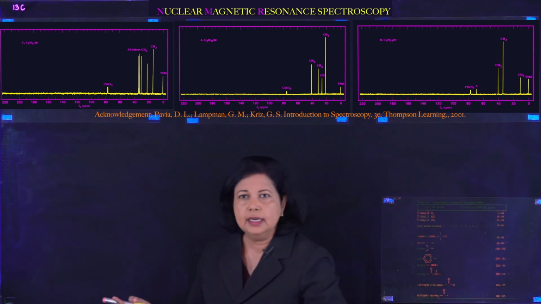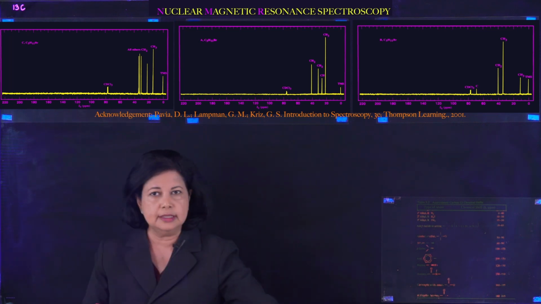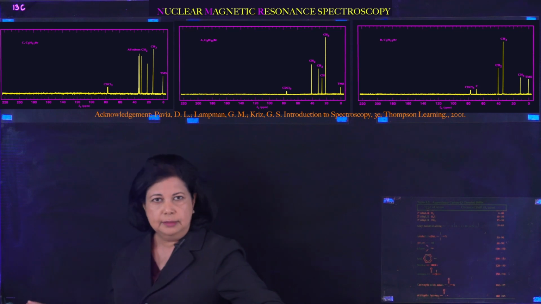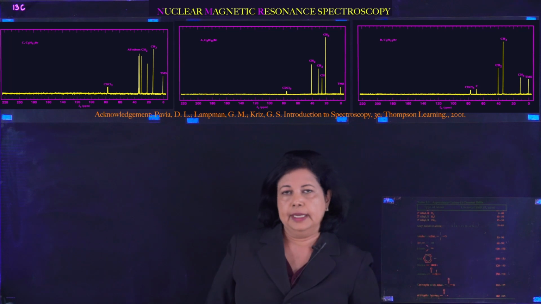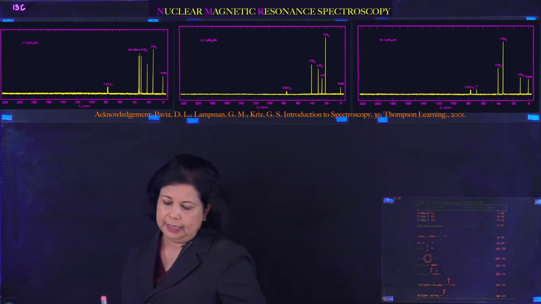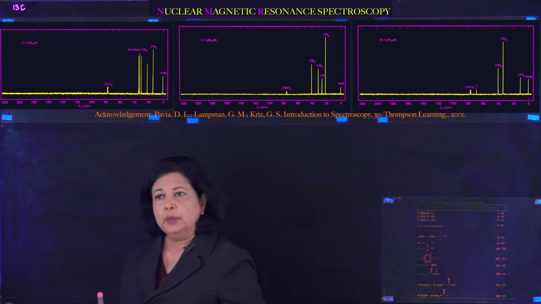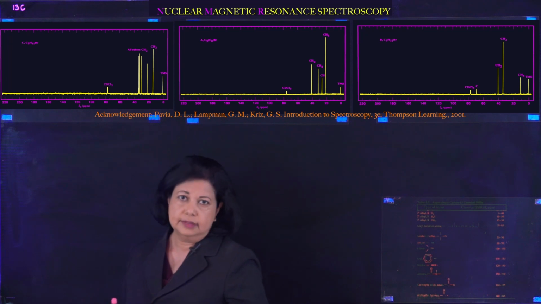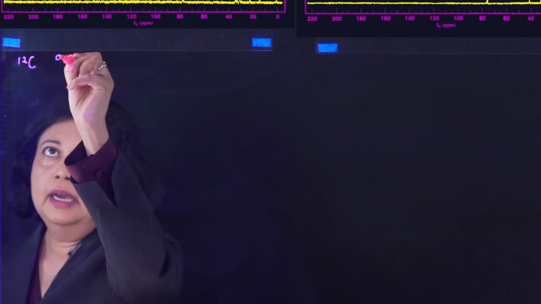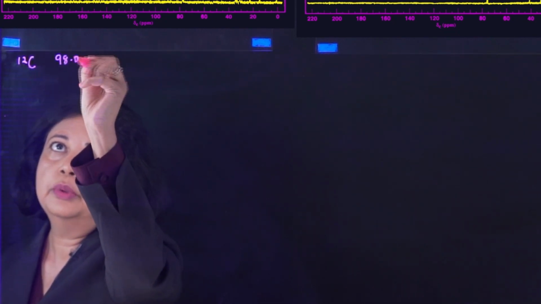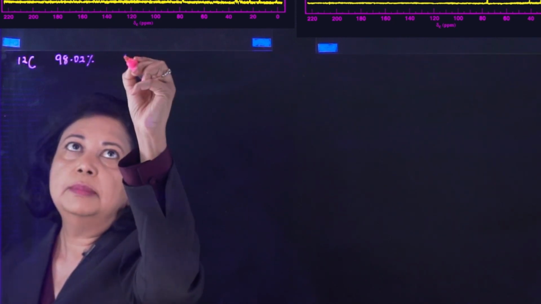So if you have an odd number of protons or neutrons, and you place those elements in a magnetic field, they will have a quantized spin angular momentum. Therefore, you will have different energy levels. Carbon-12 is about 98.02%.